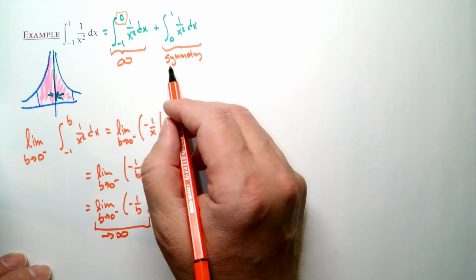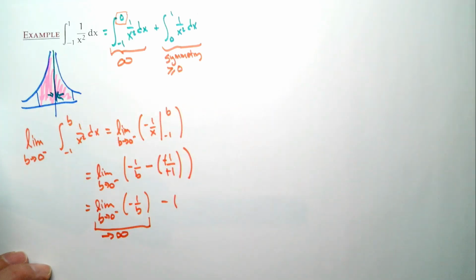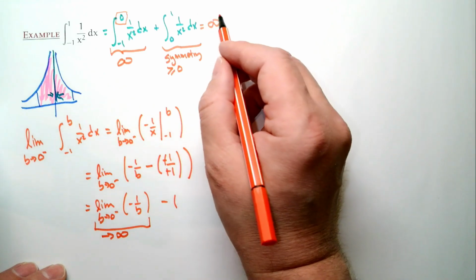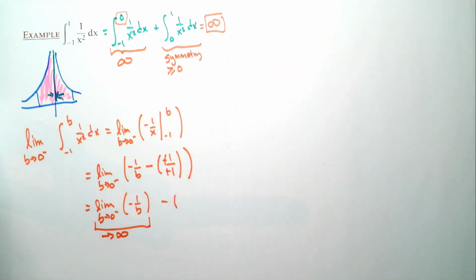Or we could just say, look, this is definitely positive. It can't be negative because the function doesn't go down. And if I have infinity, I can't counterbalance it and pull it down. So the moral is, if you put these pieces together, this integral is definitely going to be big. Infinite.